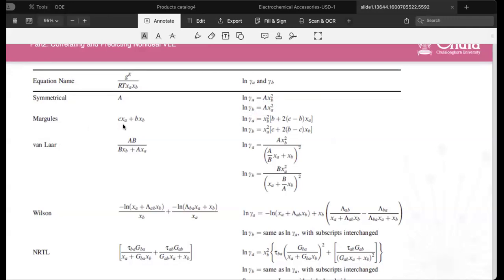What about Margules? Margules takes two parameters, and you model the GE over RTXAXB as this function, and you obtain log gamma A, log gamma B as this function.